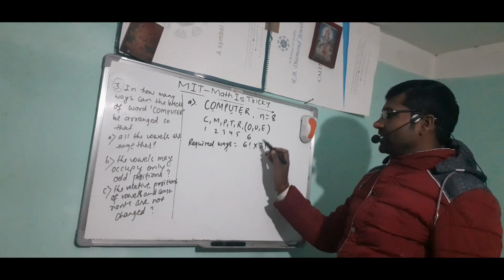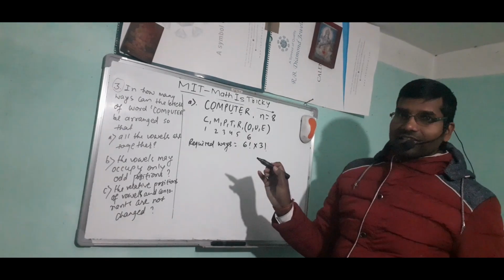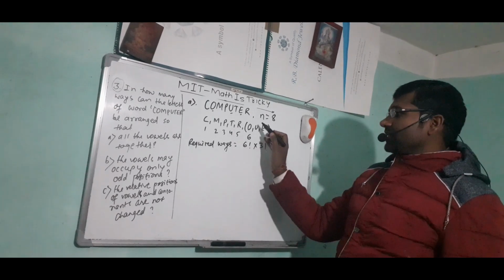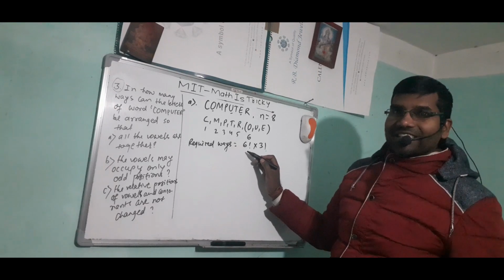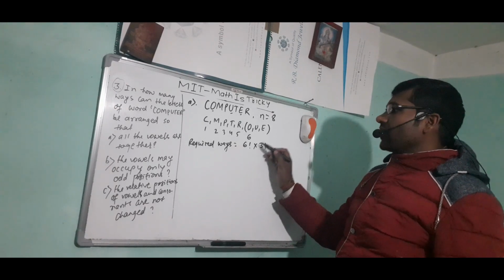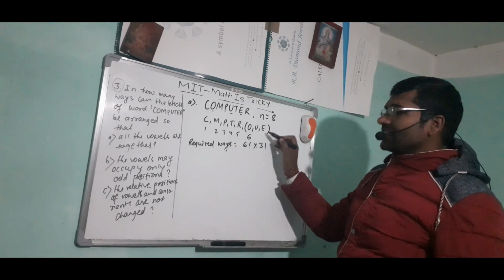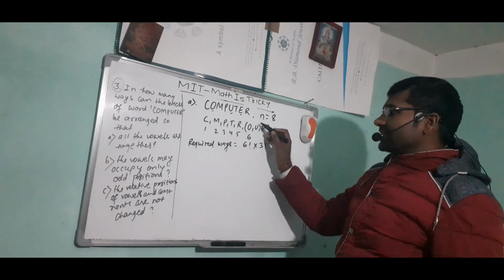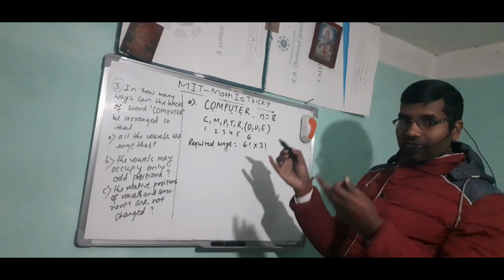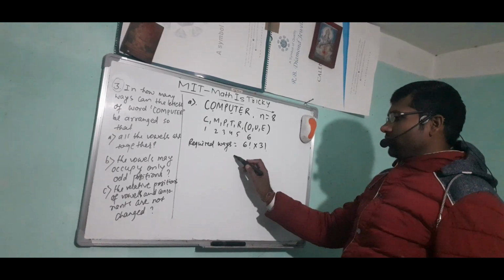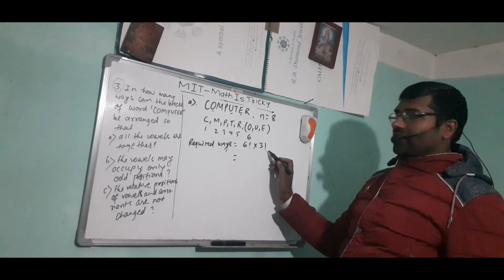Hope you understood this. So the total ways will be 6 factorial into 3 factorial.